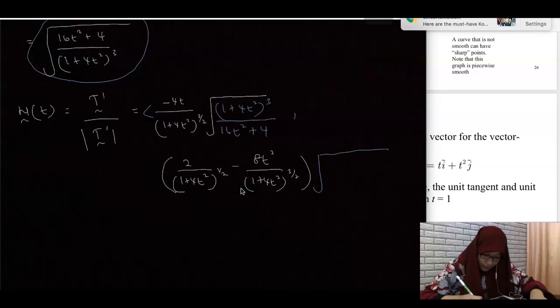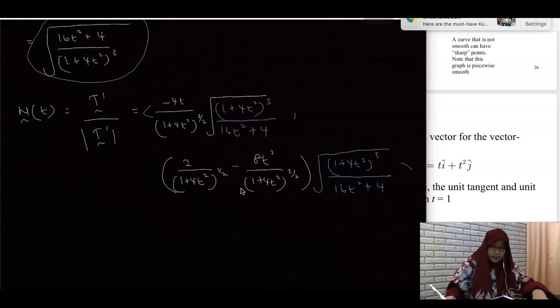So we have (1 plus 4t squared) cubed divided by (16t squared plus 4). So that is our N. It's not so easy, but it is a reality.